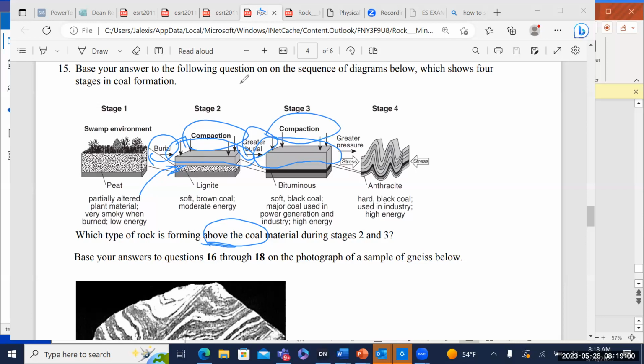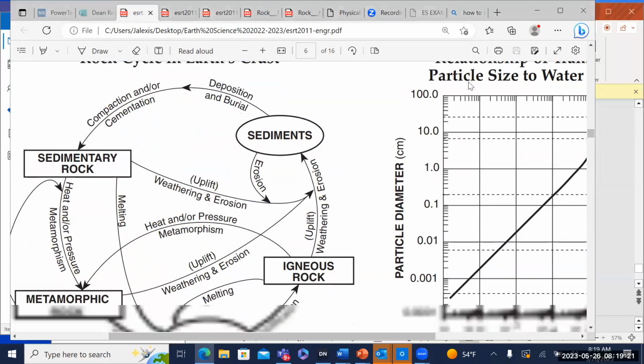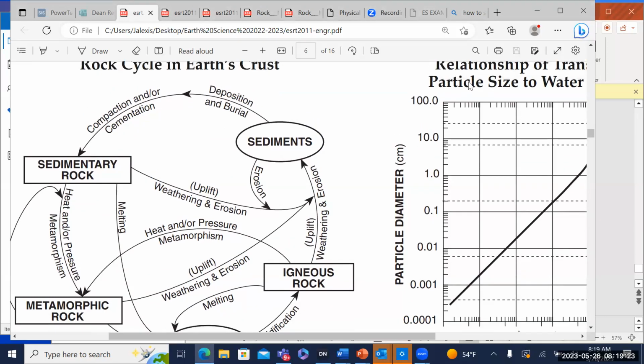Now, these words are familiar because burial and compaction, right? They're letting me know that this deals with some type of rock. What rock do we know of that has the process burial and compaction involved in? And so when I go to page 6 of my reference tables, I see burial and I see compaction.